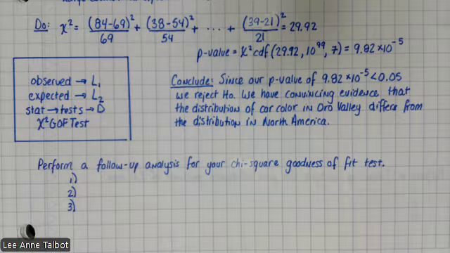Can you tell me what you noticed about the first term there? 84 and 69 are pretty far apart from each other, like 15. So that's 17 for the other.